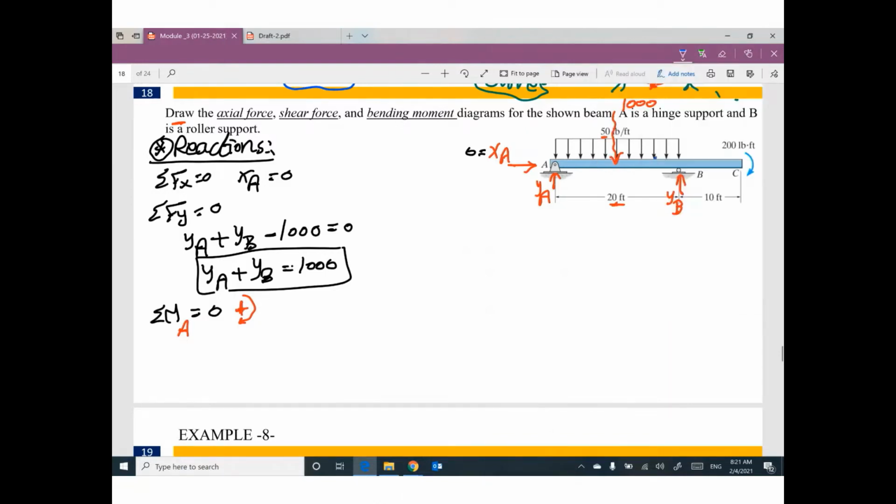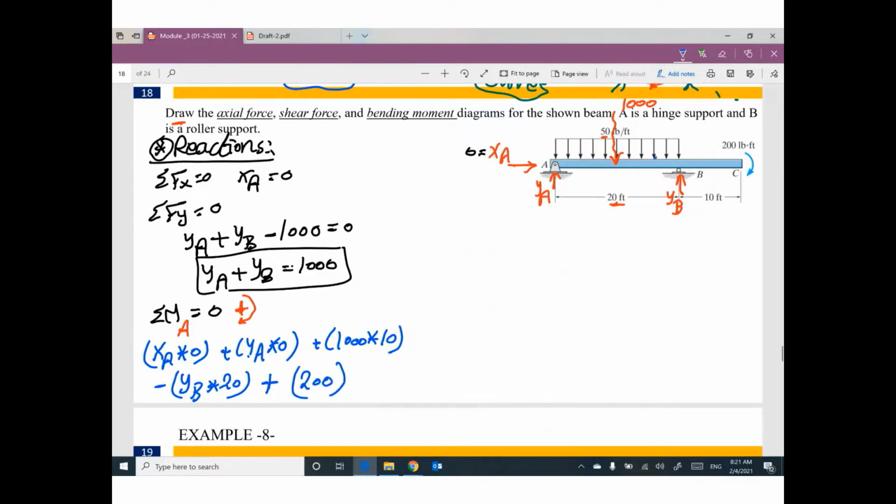So taking moment at A, XA does not have distance. YA does not have distance. 1,000 times 10, YB negative times 20, plus 200. What is the distance between this location of the 200 and the point A?